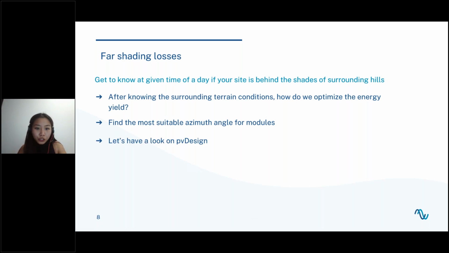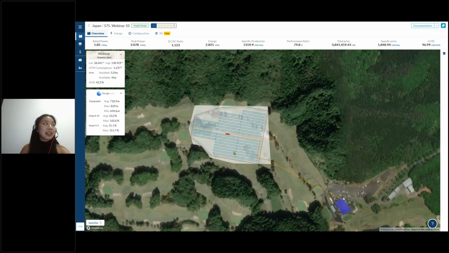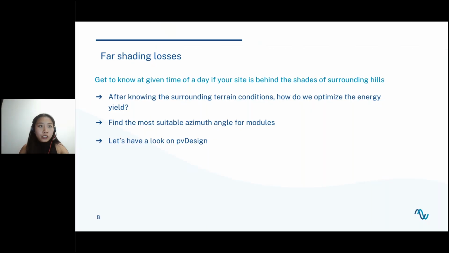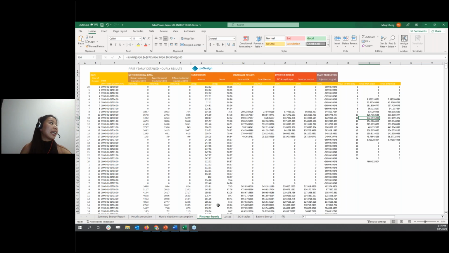Now I will show you in PV Design, we have made 3 identical sites with just the difference in their structure's azimuth angle. And this one is the one facing the southwest. I have downloaded the hourly resolution of the energy yield, and I have opened it right here.